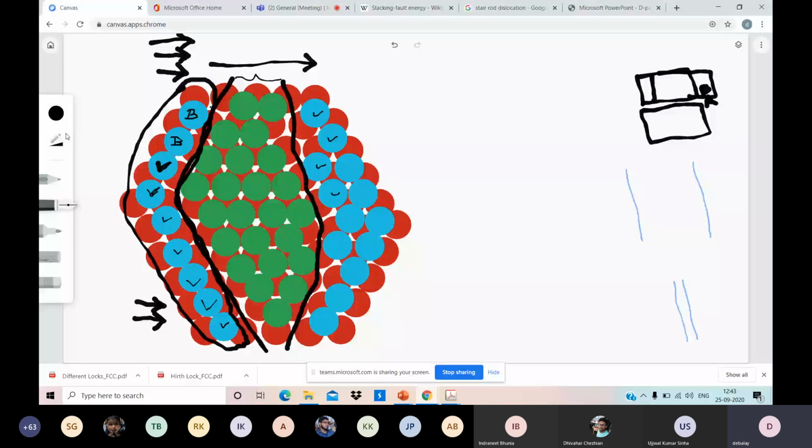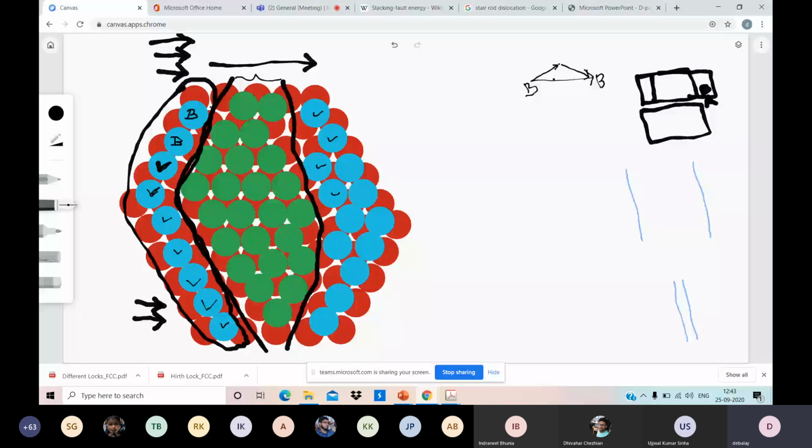What is the complete dislocation? Complete dislocation is where B atom to B atom movement is complete. If it moves somewhere which is a metastable position and then comes back, it's basically the component of the B1 dislocation.